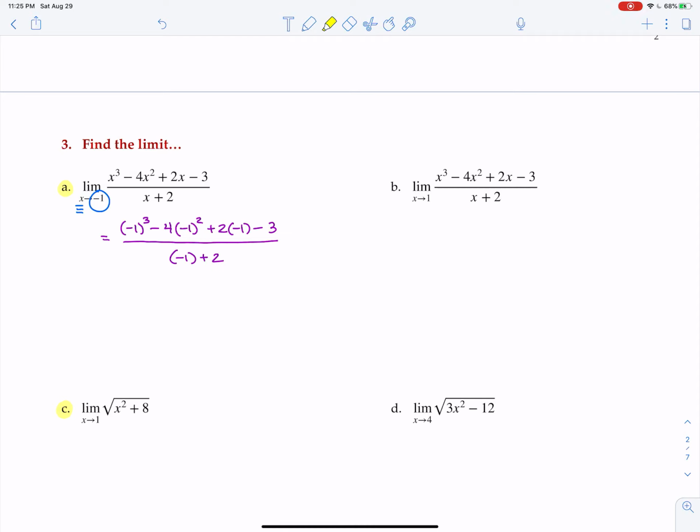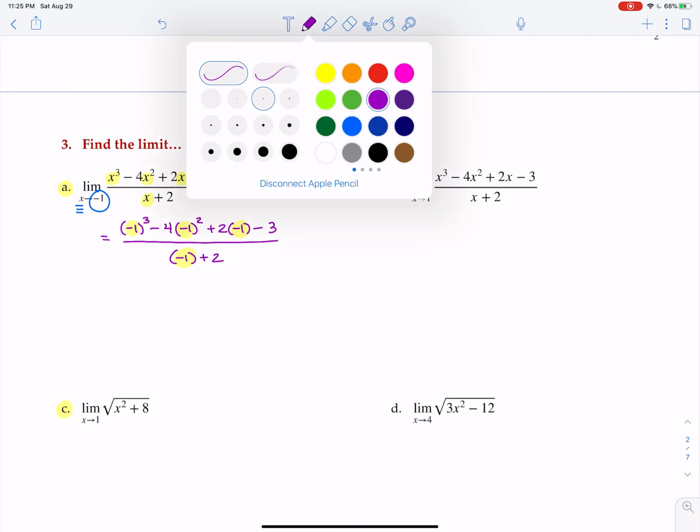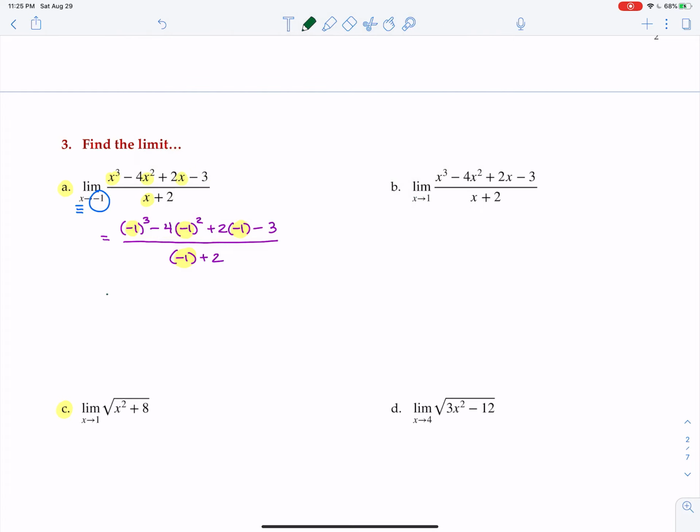And you will see that everywhere there was an x, just reviewing those substitution skills, I have a -1 there now. And then again, I can just go through and hopefully without a calculator be able to deal with this pretty simply. So I have -1 minus 4, 1 squared is +1, -2 times -1 is -2, minus 3.